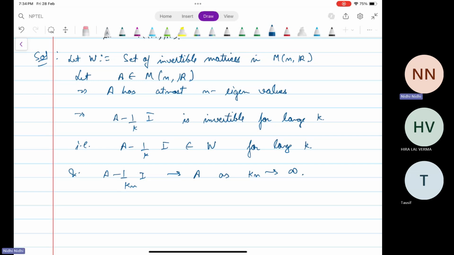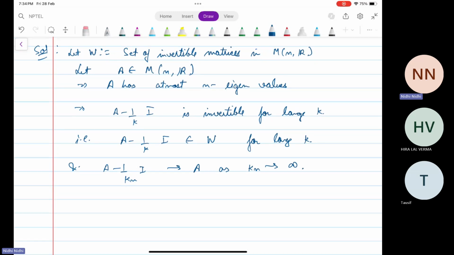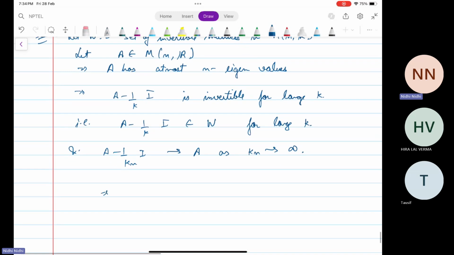Since A belonging to MnR was arbitrary, I could find a sequence A minus 1 by k times I in W converging to A. So that means W closure is equal to MnR.